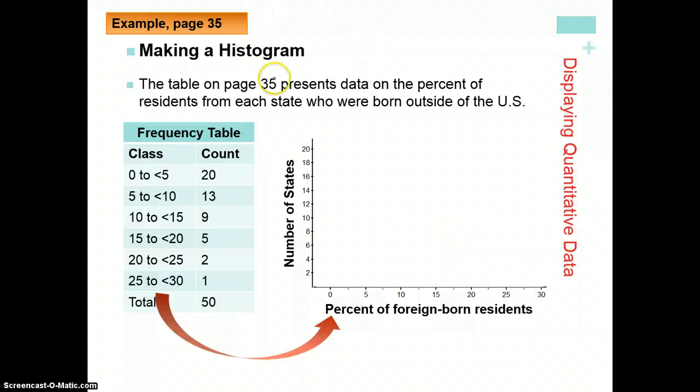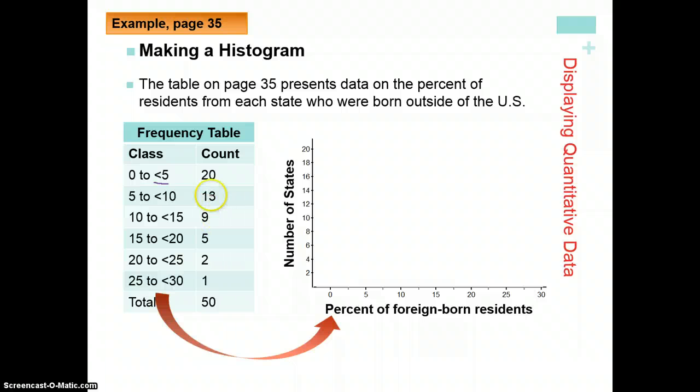This is data from page 35 in your book. I think it's all 50 states and the percentage of people that were born outside the United States. So these are counts. So these would be frequencies. So 20 states had a percentage of 0 to 5, or less than 5%, so I guess 0 to 4.99999%, that were born outside the U.S. This would be 5 to 9.99999.